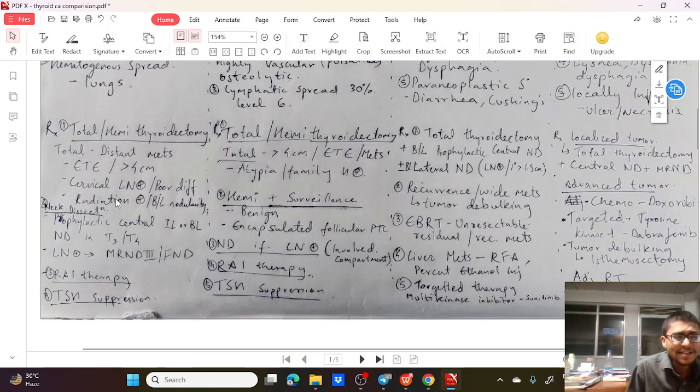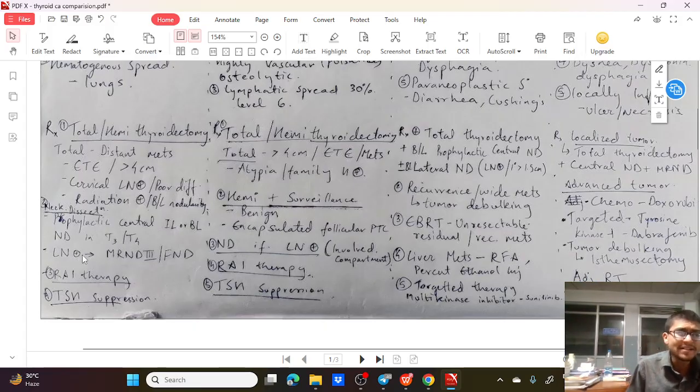Then comes the neck dissection. Here we go for a prophylactic central, either ipsilateral or bilateral neck dissection, especially for T3 and T4. So this prophylactic central ipsilateral or bilateral neck dissection is done when the tumor is T3 and T4.